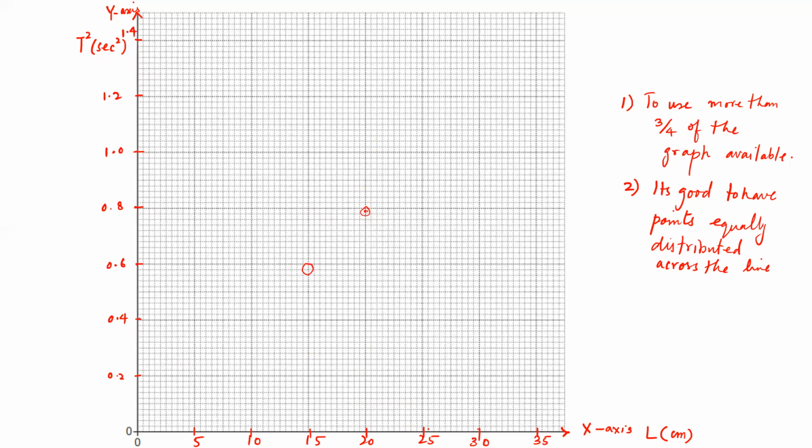This is 0.79. Then on 25, we have 0.98. So 0.98 is over here. This is 25. Then 30, we have 1.17. 30, this is 1.1, 2, 4, 6, somewhere here.